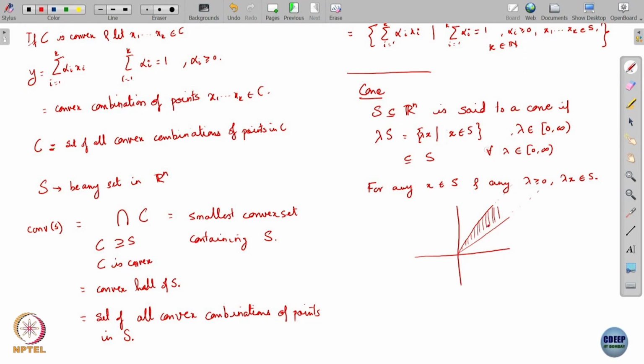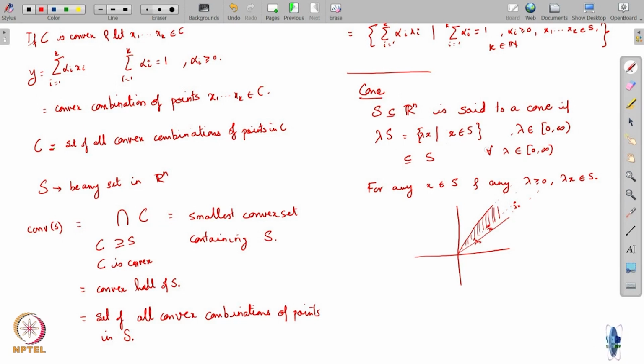If I take any vector x here and suppose I scale this vector, it will reach here, maybe if I scale it by lambda. So, if this is my x, this will be my lambda x, or maybe it will get scaled down if my lambda is less than 1, this could be my lambda x. All such points are all in S. Okay. So, this sort of set is a cone.